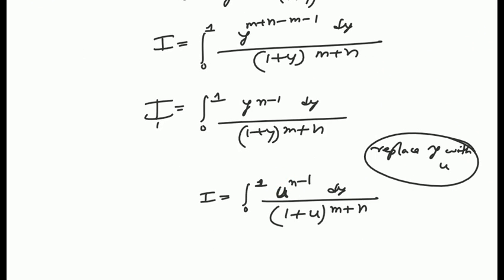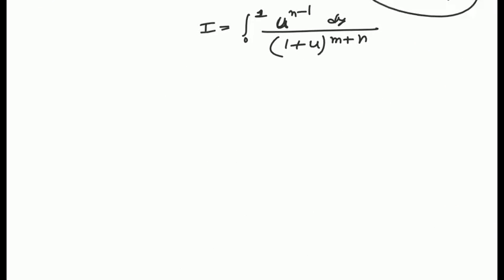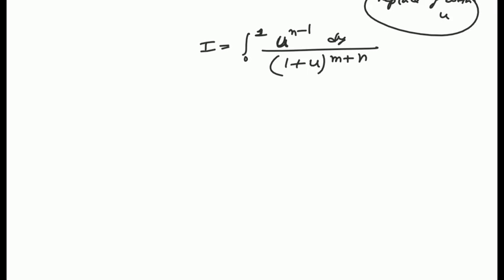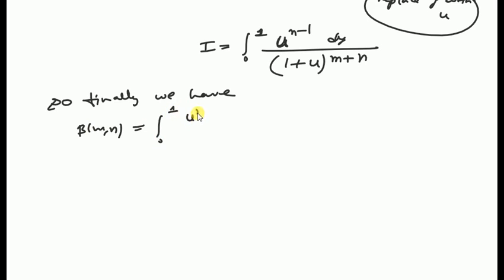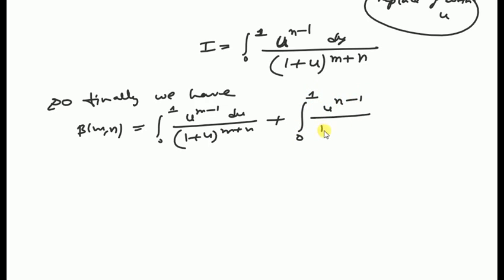So finally we write here, beta mn will be equal to 0 to 1 u power m minus 1 divided by (1 plus u) whole power m plus n, plus this integral will become again 0 to 1 u power n minus 1 by (1 plus u) whole power m plus n.